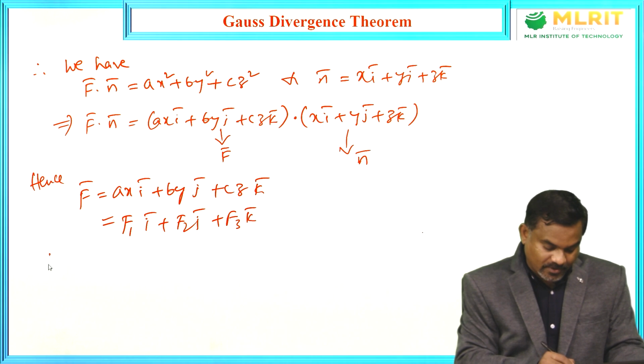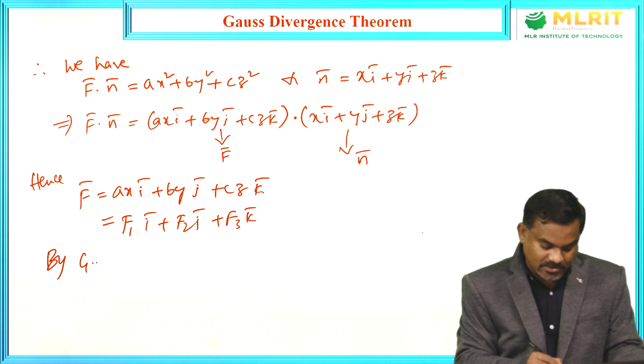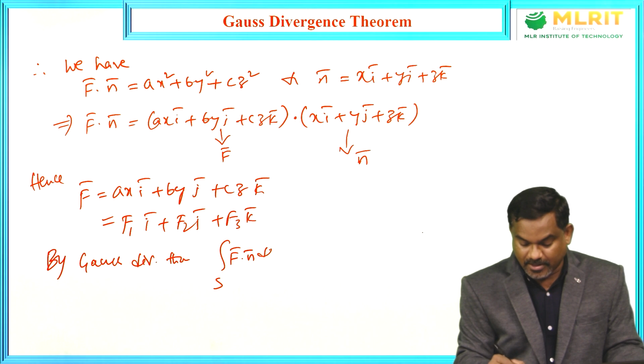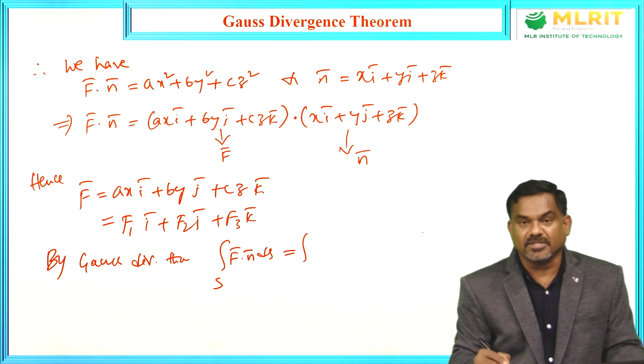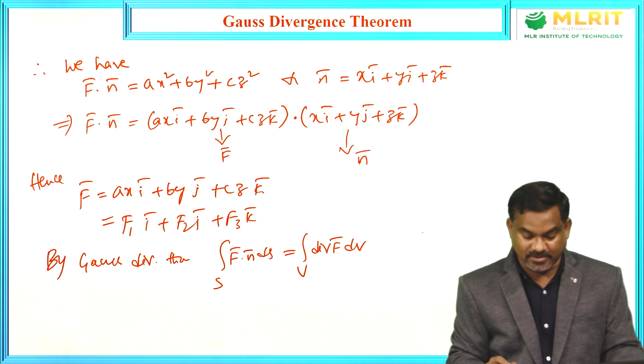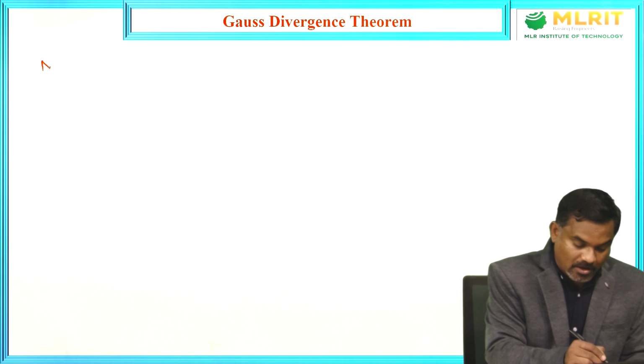Now by the Gauss Divergence Theorem, the surface integral of F̄·n̄ dS can be obtained by transforming into the volume integral of div F̄ dV. So we need to find div F̄ first.